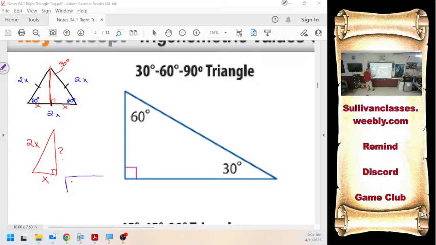The square root of hypotenuse squared minus leg squared. That's 4x squared minus x squared, which is the square root of 3x squared, which is x root of 3.